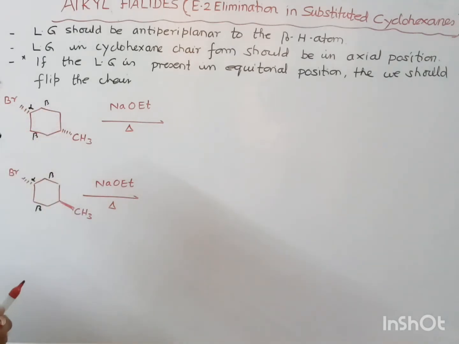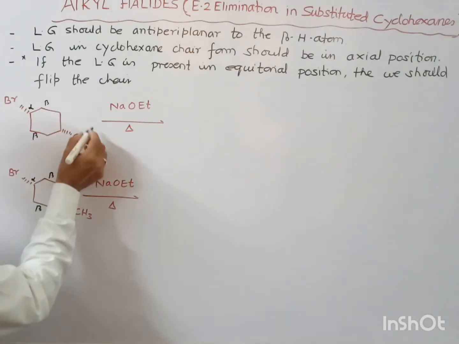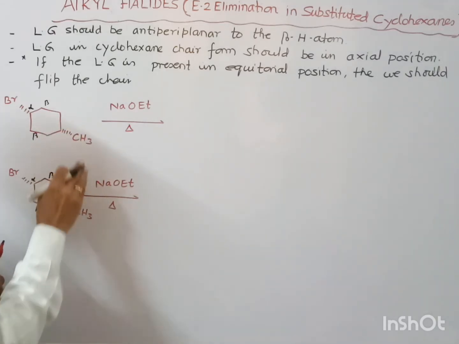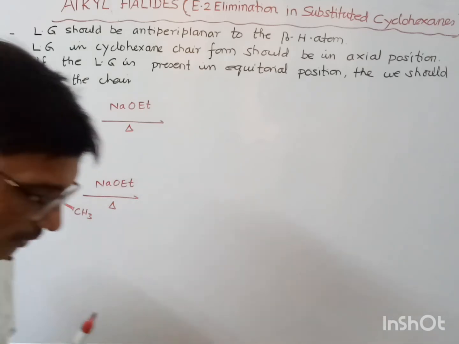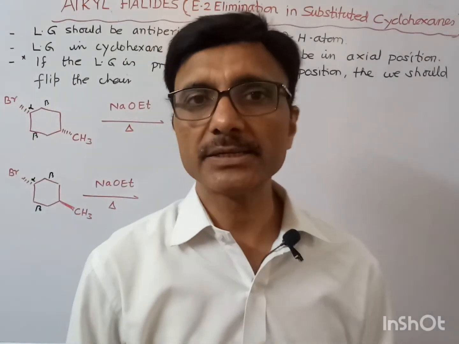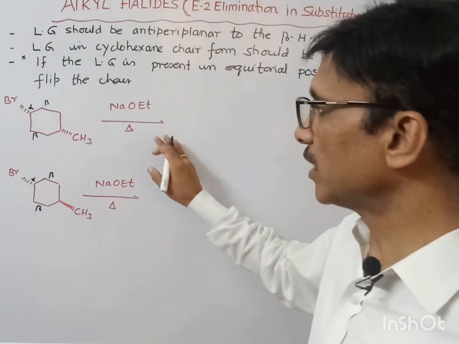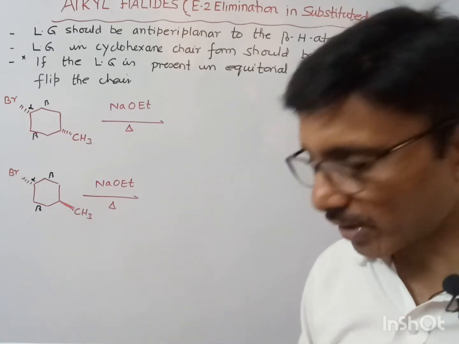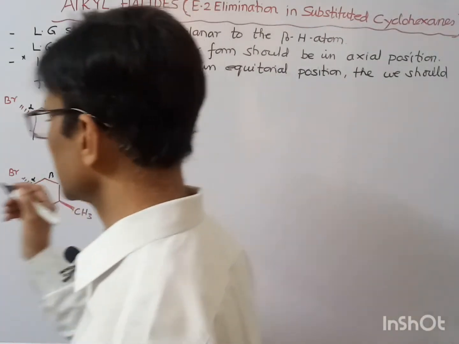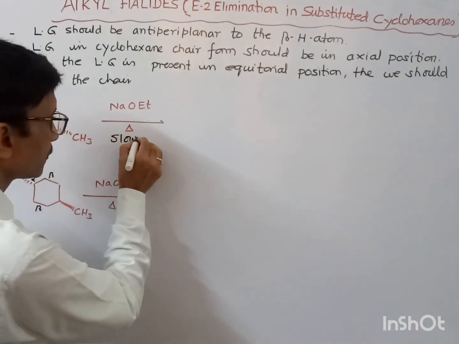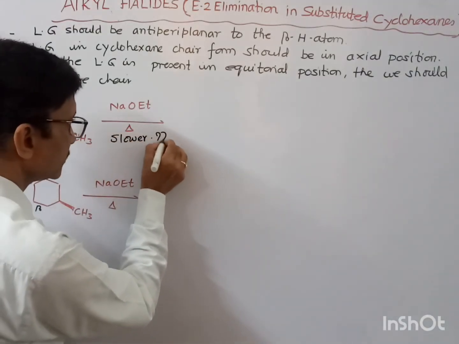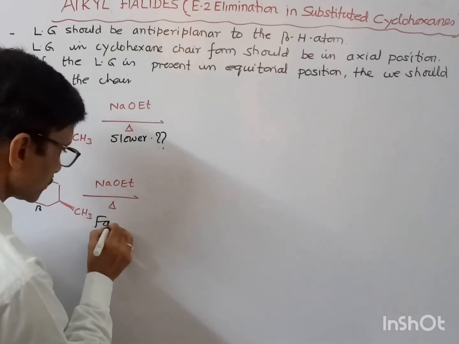But another substituent which is present is the methyl group. This methyl group is below, and this methyl group is above. Now it is found that one of the reactions is slow and the other reaction is fast. So what is the reason that this reaction is slower and this reaction is the fast reaction?